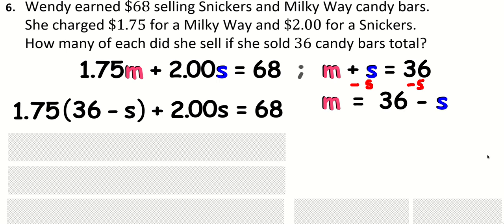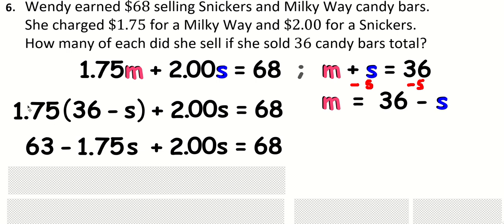And again, the reason that was such a good move is that now this equation only has the variable S. And so we can solve for S. We distribute, of course. Gonna want to clear the parentheses first.